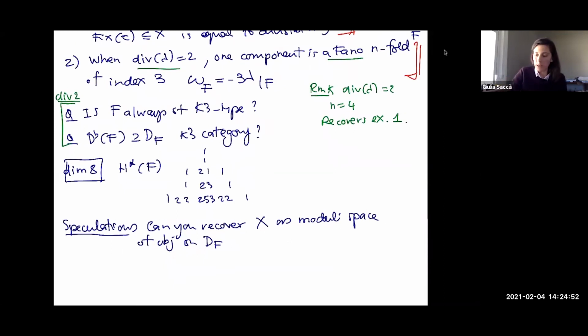Let me say one word about divisibility 1. The question there is: is the fixed locus always of general type?